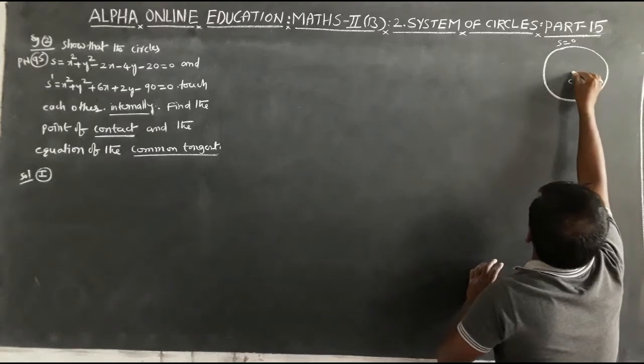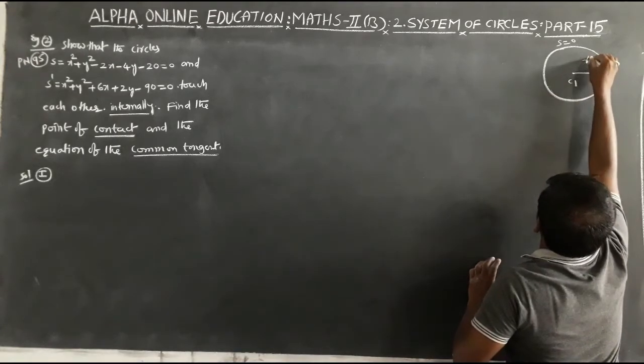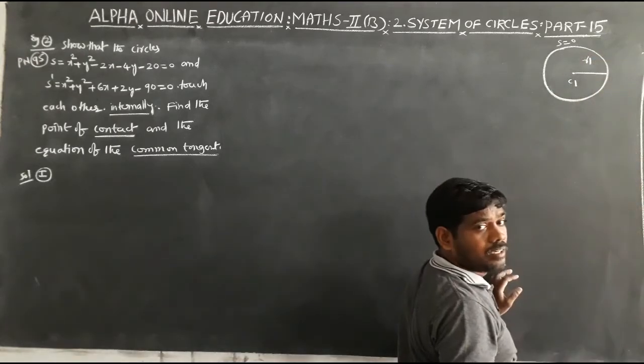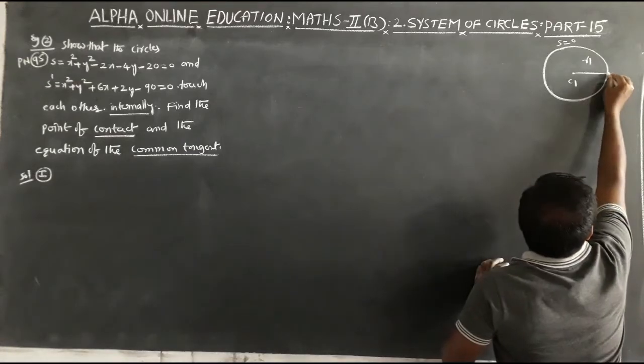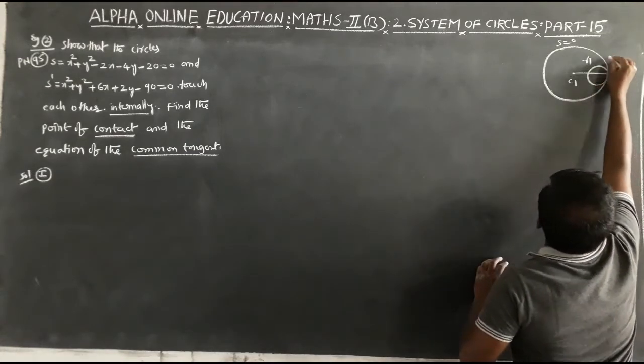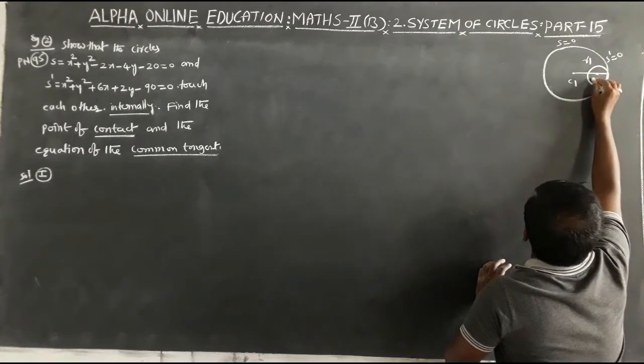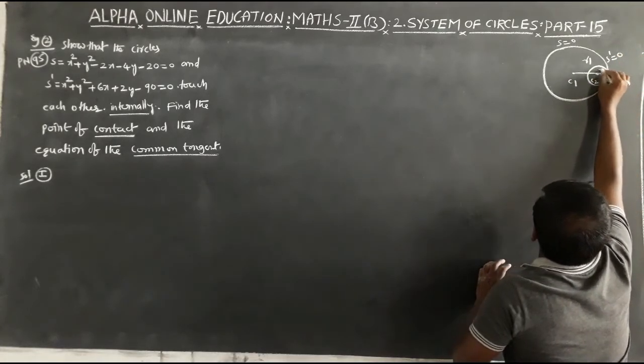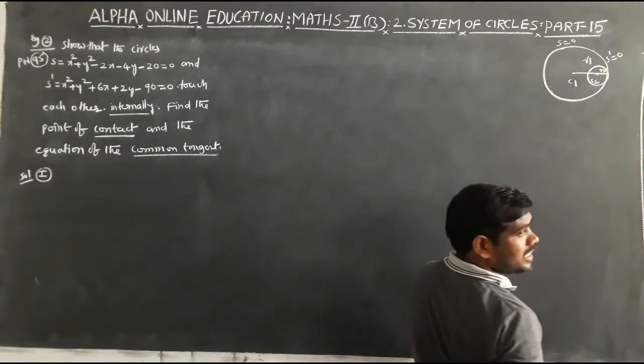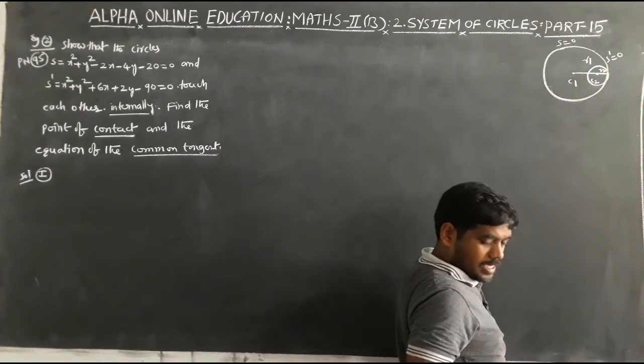C1 is the center, R1 is the radius of the first circle. This is the equation of the second circle, S' = 0. C2 is the center, R2 is the radius of the second circle.